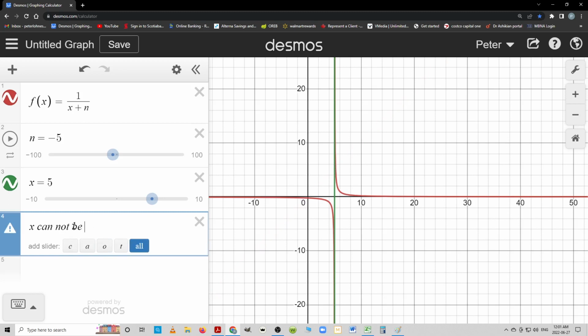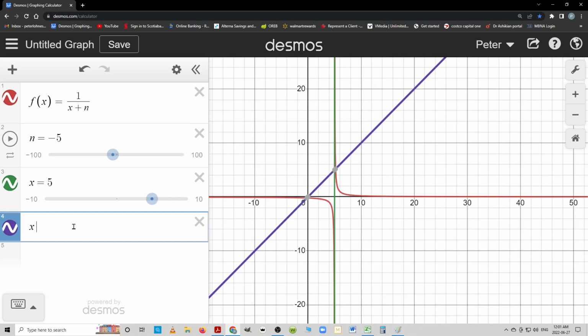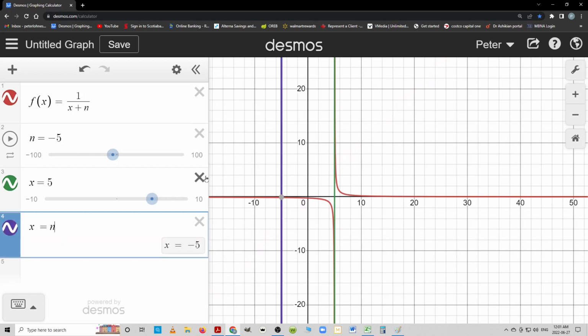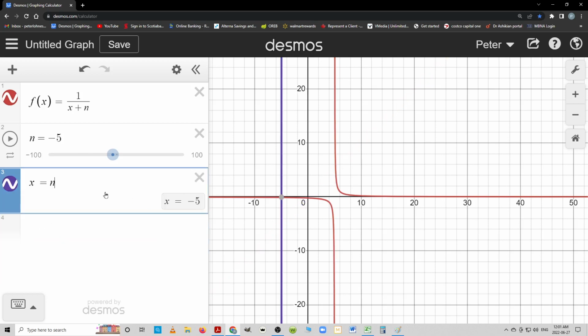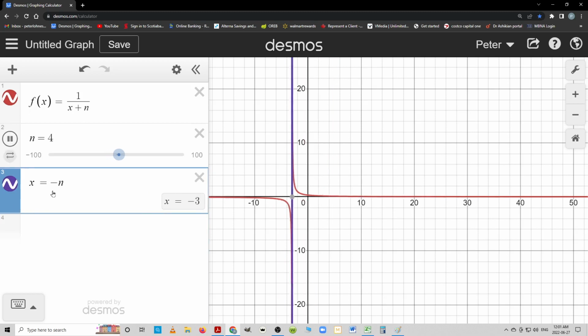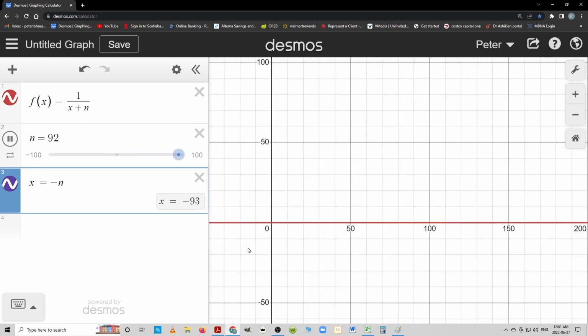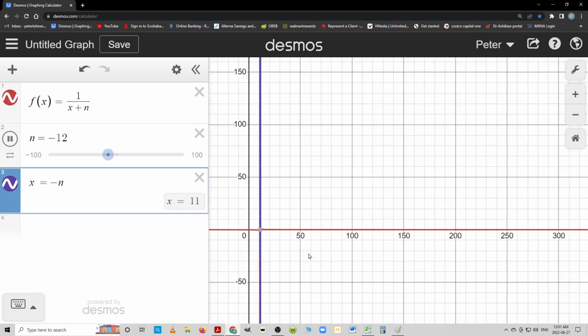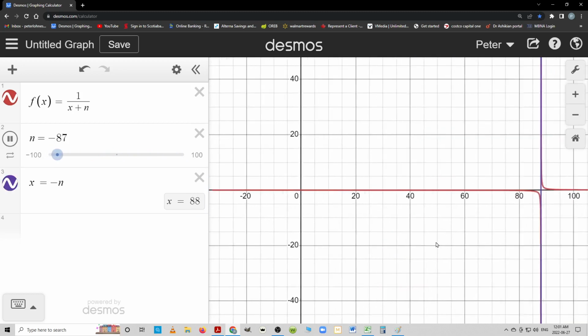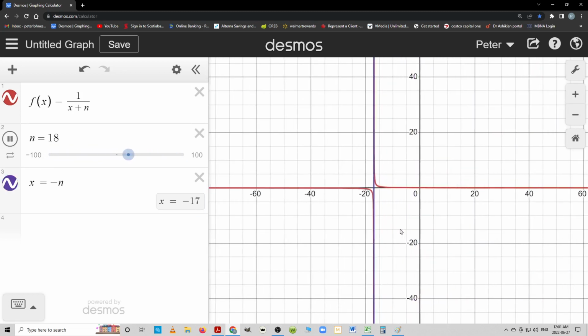Or you can state the asymptote as x is equal to n. And see, it'll do it for you. Oh, actually it'll be x is equal to -n because it's the opposite. So you can see we can now have an asymptote follow us around. Why -n? Because the translation is the opposite of what n is.